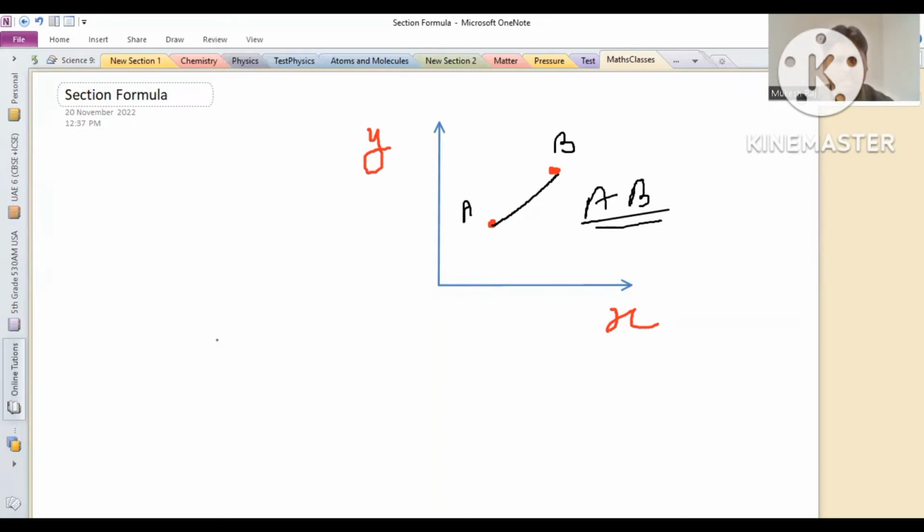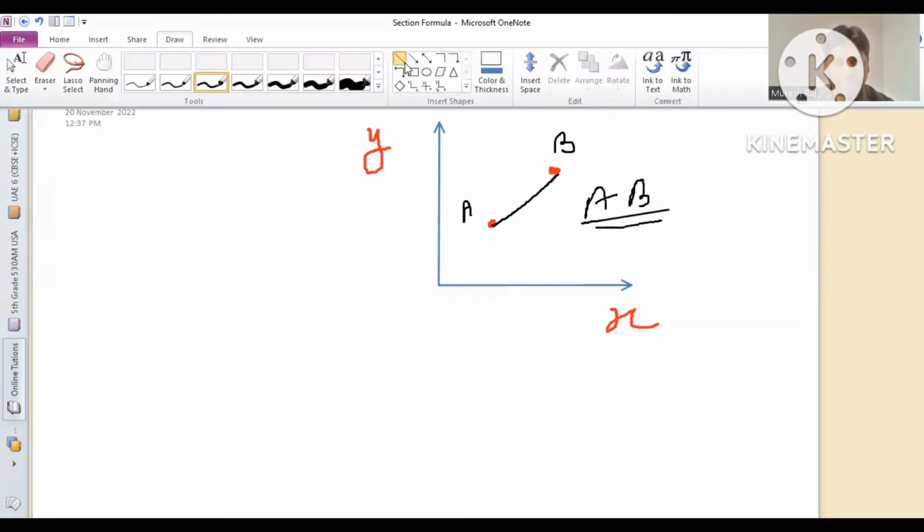Section formula means that suppose we have been provided with a particular line segment.